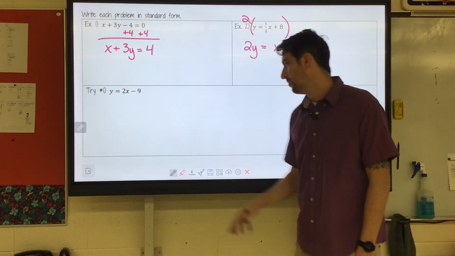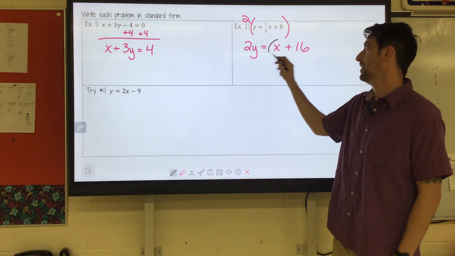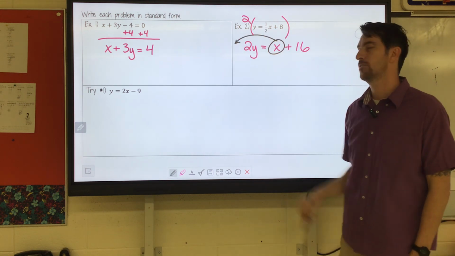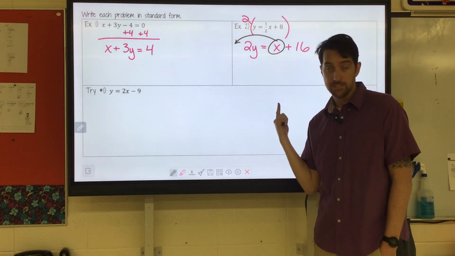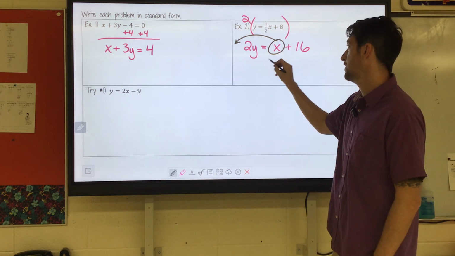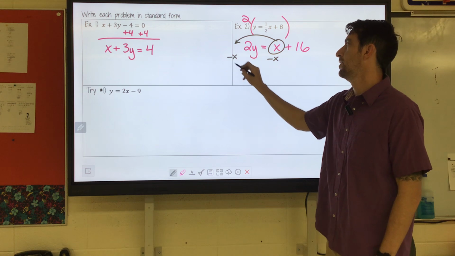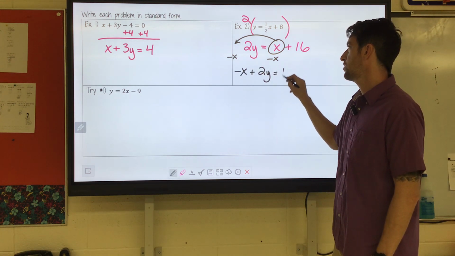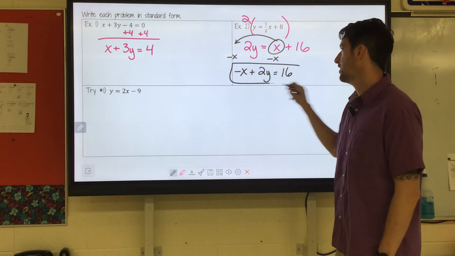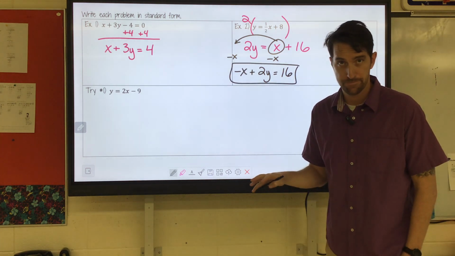Now the fractions are gone, we just need to get the x on the same side as the y. You're either adding or subtracting. If it's positive, like this one, you would just subtract it to move it to the other side. So we'll have negative x plus 2y equals 16. Now, I think that answer is delightful.